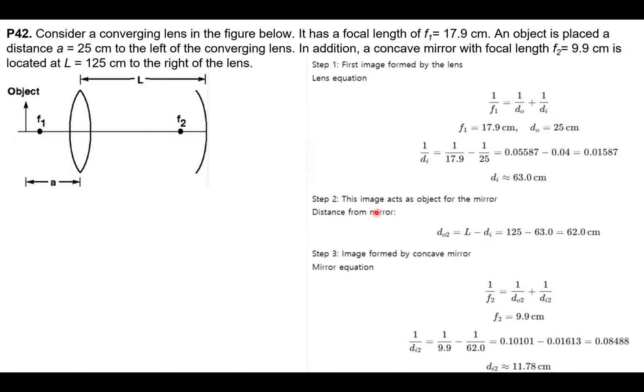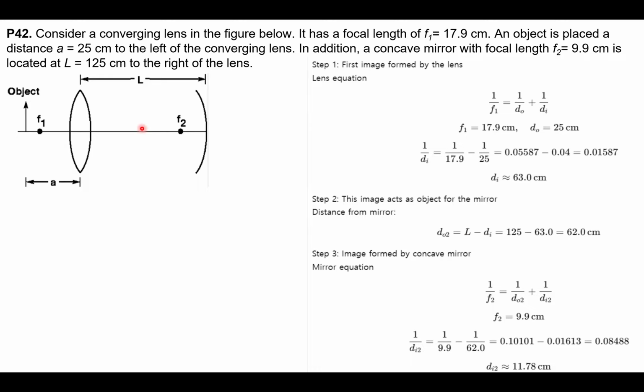And then this image acts as an object for the mirror. This is the object. So L minus di is where the object is formed relative to the mirror. So it should be L minus di as the object distance.